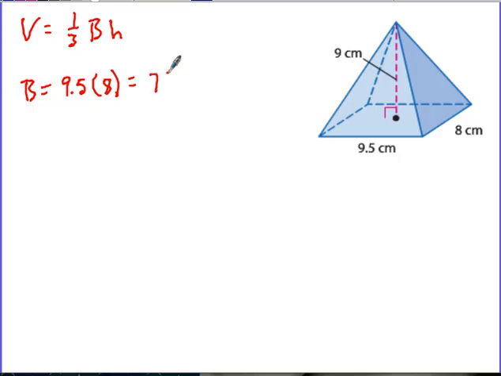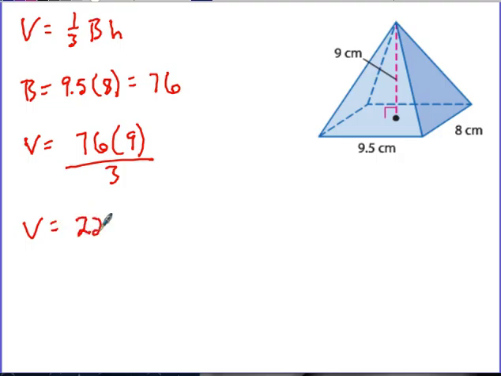Yeah, 76. And then the volume is 76 times the height, which is 9, and then we're going to divide it by 3. 228. 228 centimeters cubed.